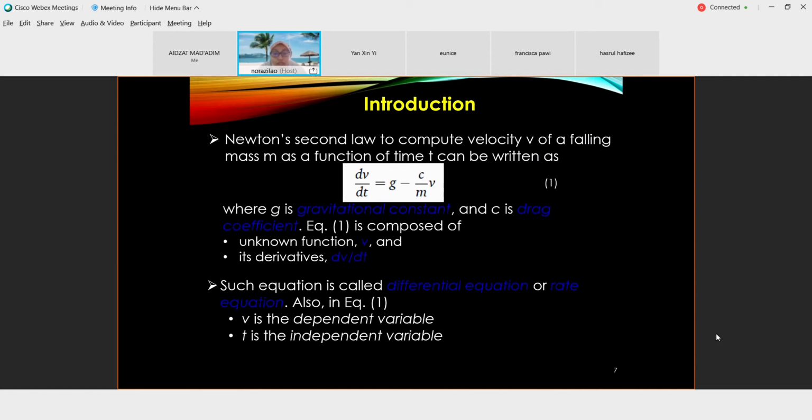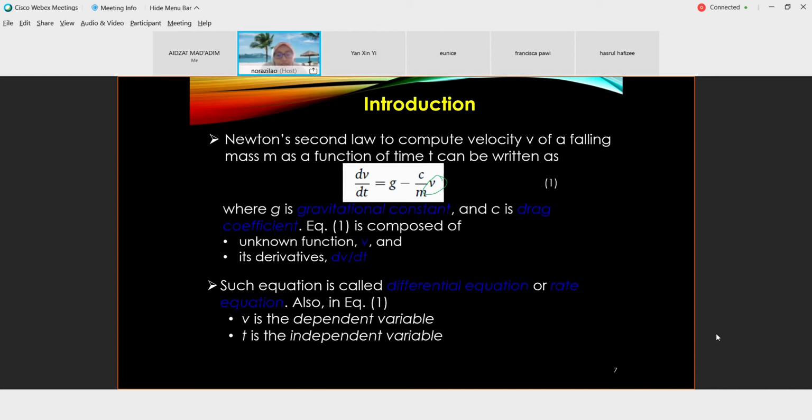We always use dv over dt equals g minus c over m multiplied by v. Here g is the gravitational constant, c is the drag coefficient, v is the unknown function, and its derivative is dv over dt.